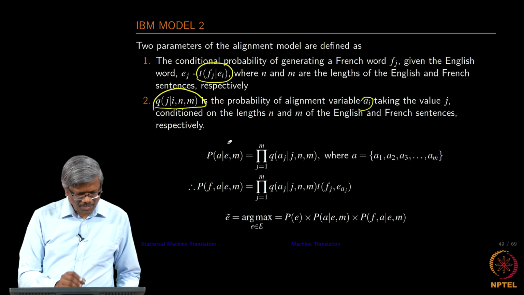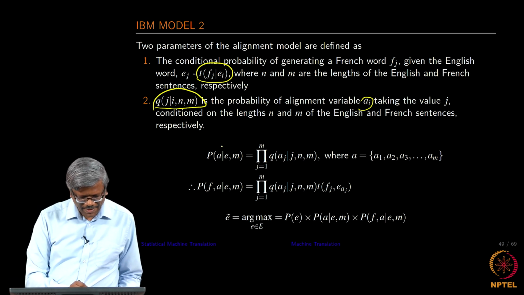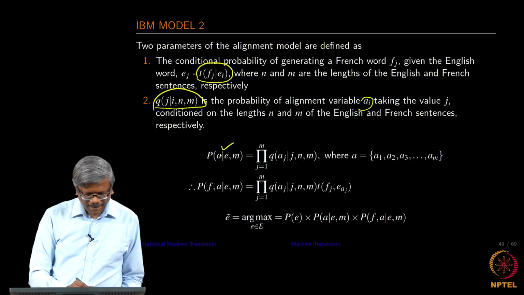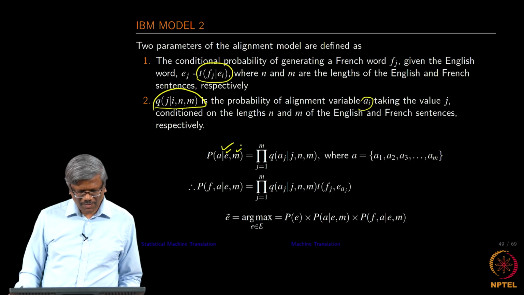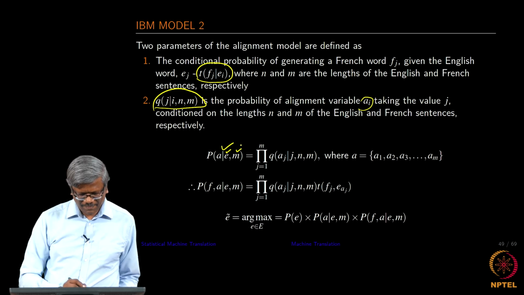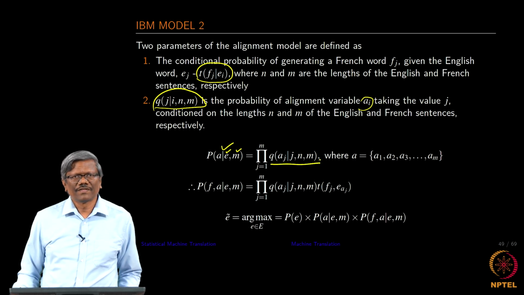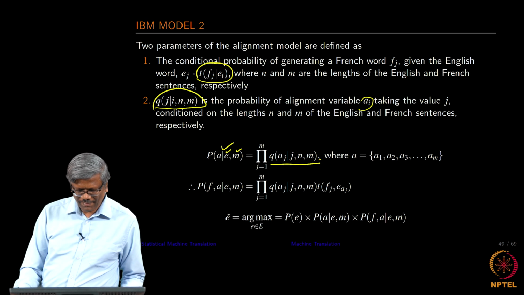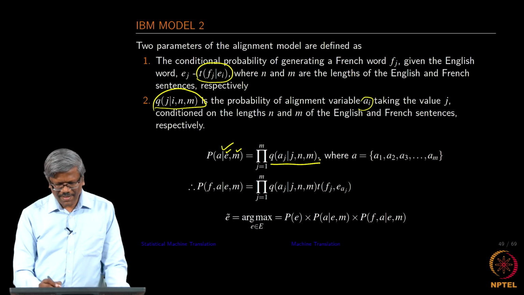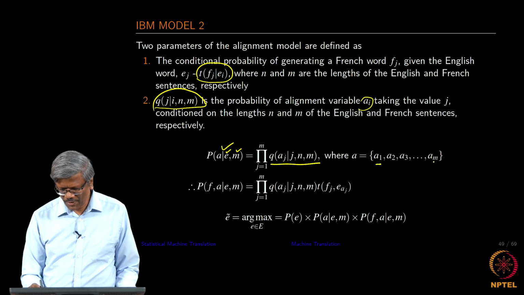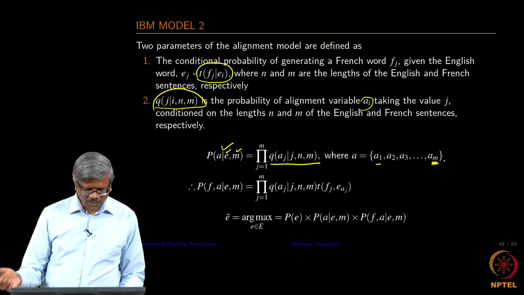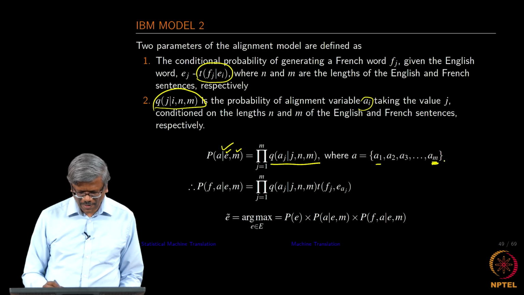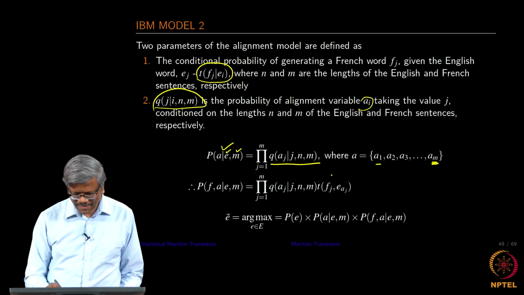So, in this model we are going to be computing the alignment probability A given the English sentence and the number of French words. Okay. So, this is given as the product of this distortion parameter that we have just described. Okay. In this case, A is a_1 to a_m, where m is the length of the French sentence, and then we have also the second one that we have to look at, right, that is the translation probability.